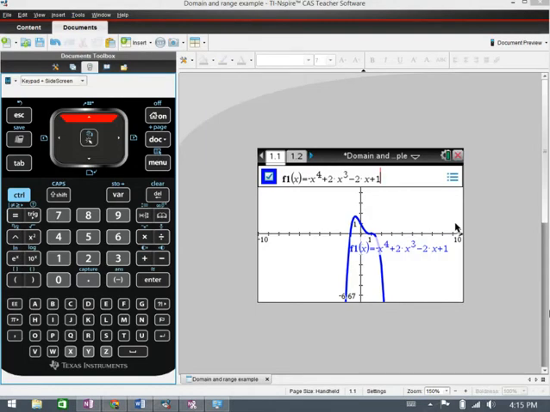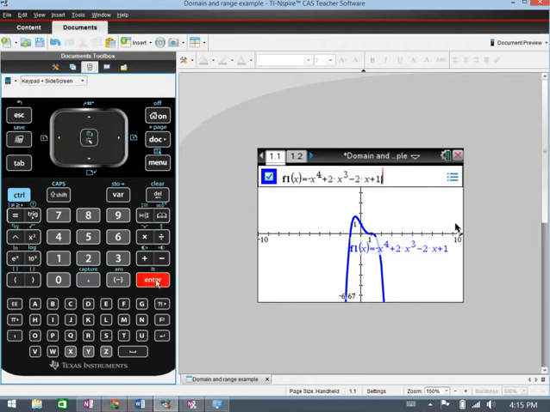So let's have a look at what this would look like on our CAS calculator. I've opened up a graphs page and I've entered in negative x to the 4 plus 2x cubed minus 2x plus 1. Now I want my restricted domain here. So we go control and then equals. I want to get to that vertical line.